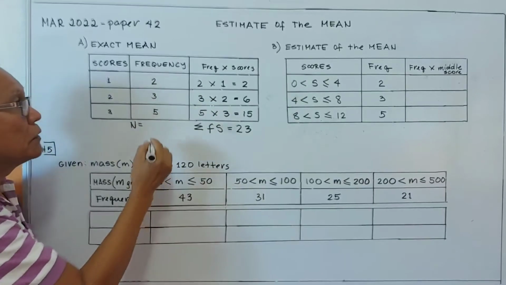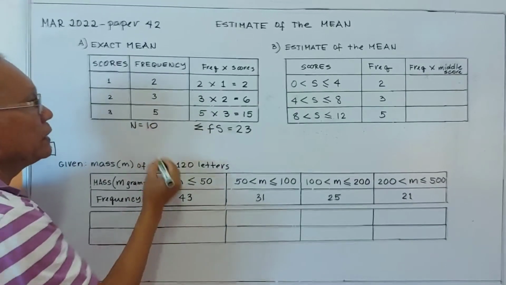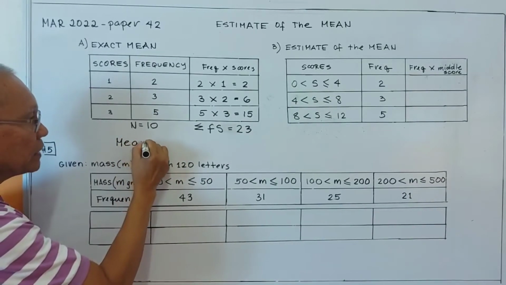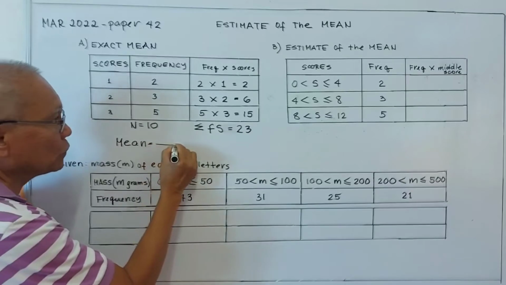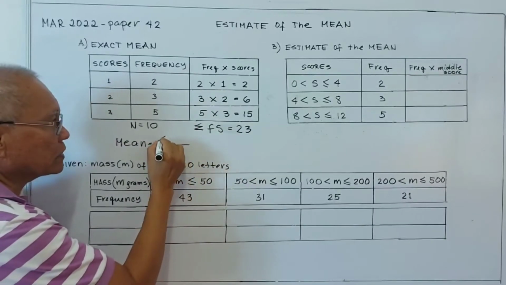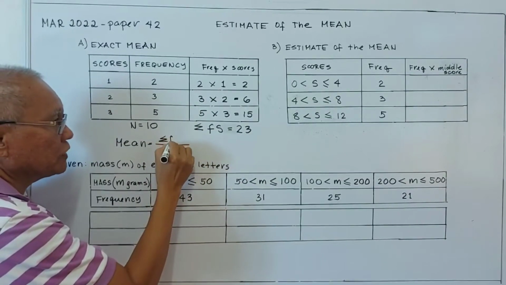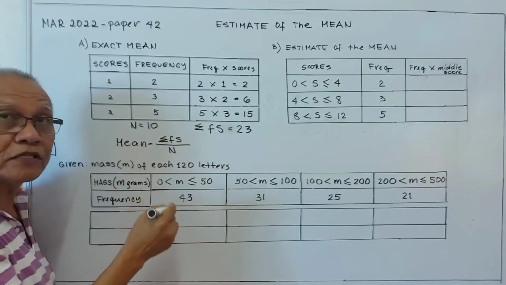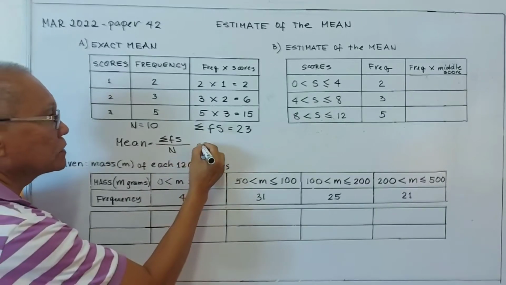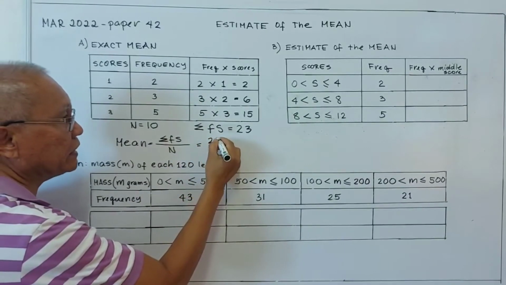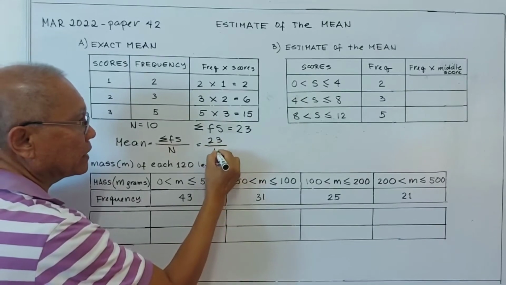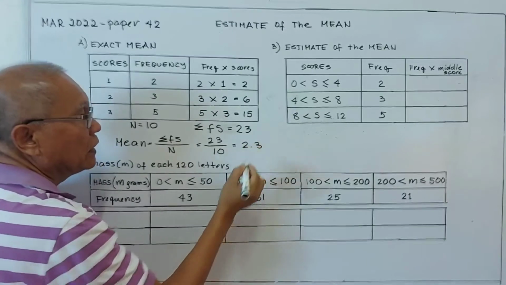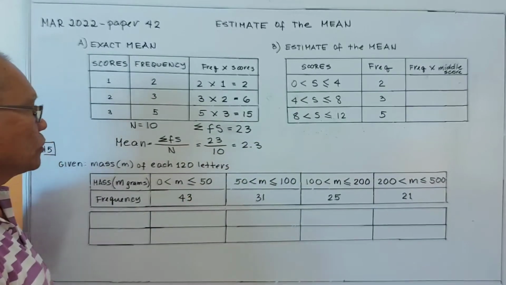We add this, which is equal to 10, and the mean score of this exact mean is equal to summation fx divided by the total number of frequency. So this one is 23 divided by 10, so that gives us 2.3. So that is the mean score.